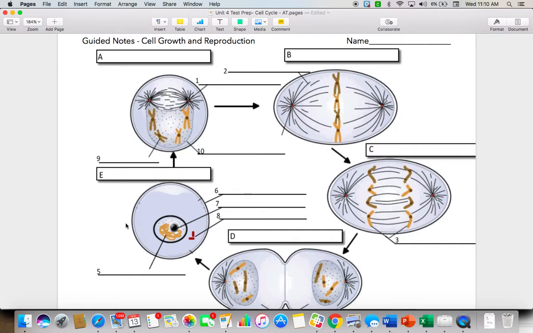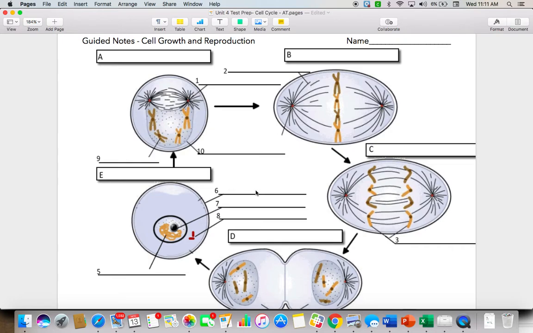If we look inside this cell, number 5 is pointing to the DNA, which is in the form of chromatin. So I would like for you to put chromatin for number 5. Number 6 is the cell membrane.